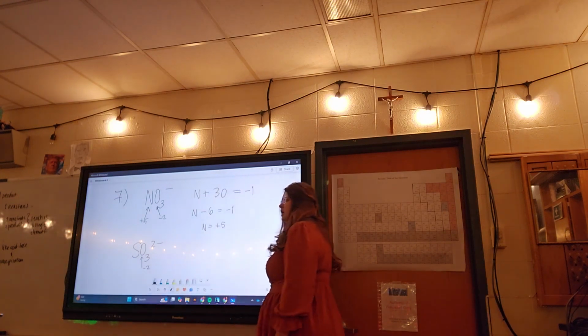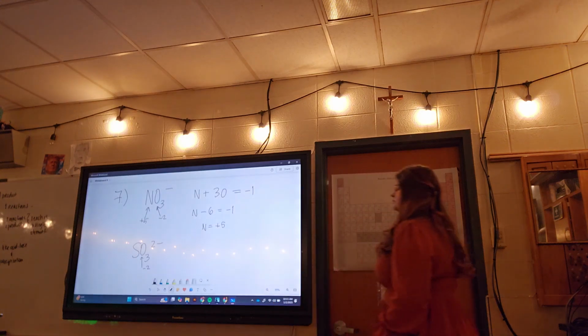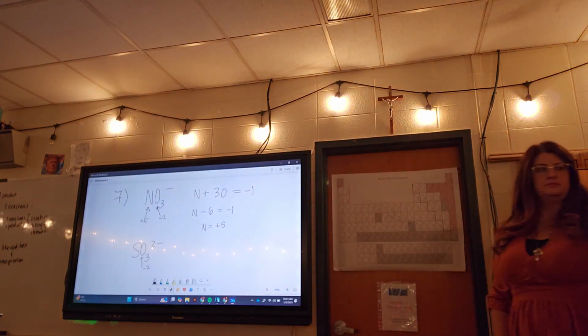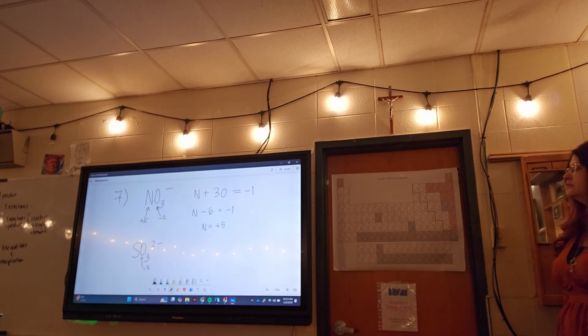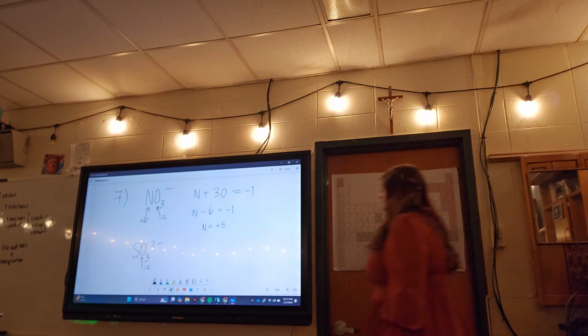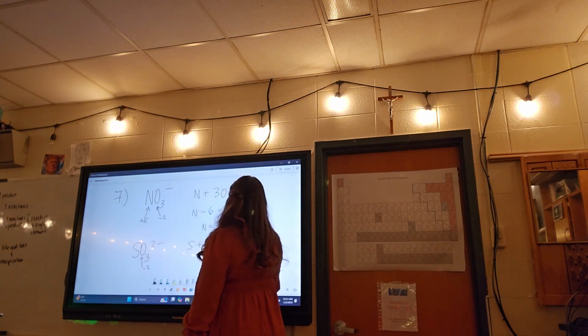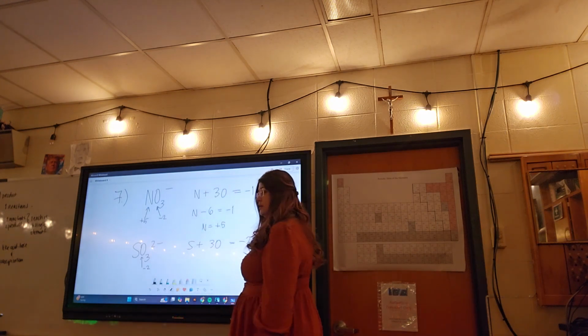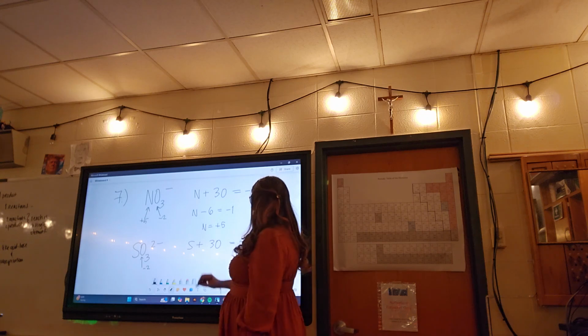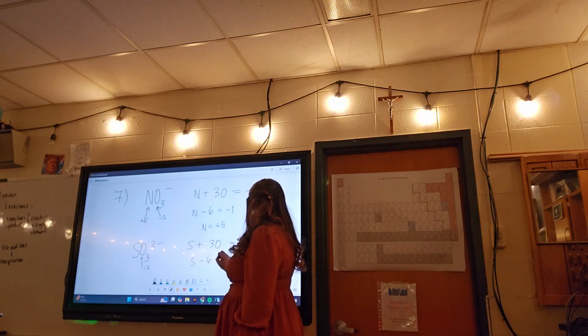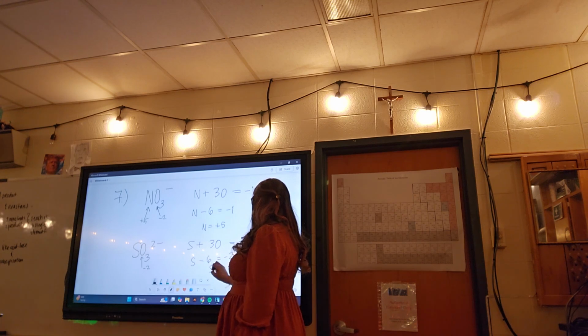See if you can figure out what S is on your own. It should all add up to -2 because that's the charge of my ion. So that means that S here should be +4.